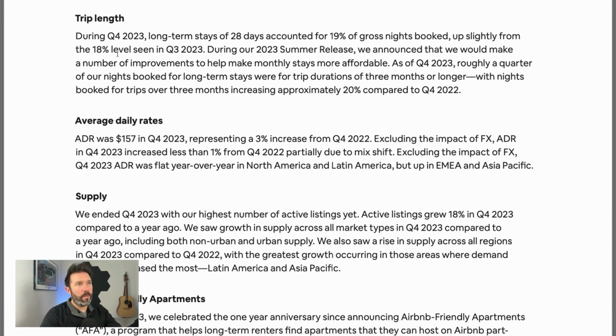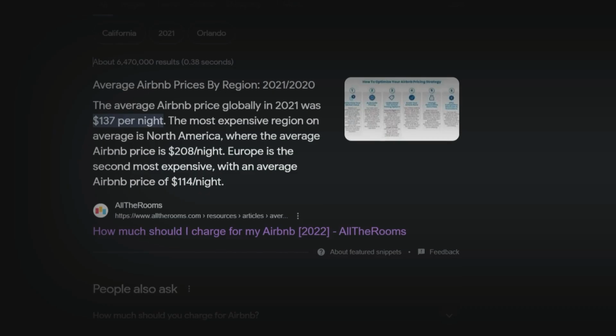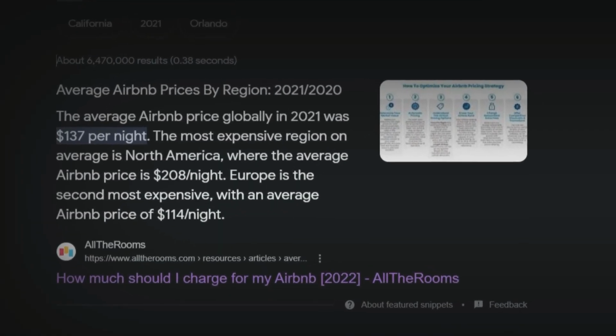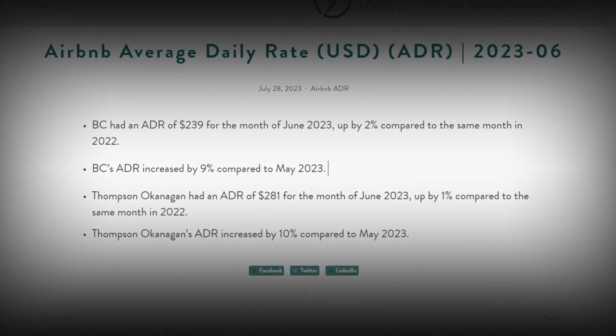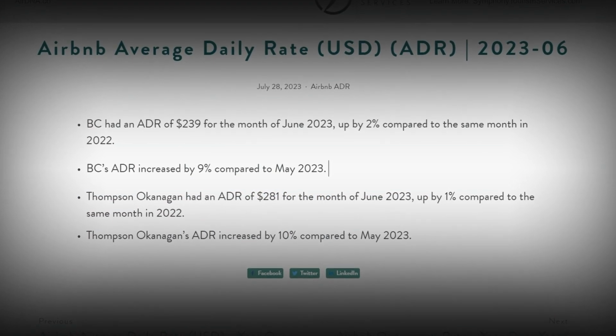So trip length, generally longer trips are getting to be more common. 19% of gross nights booked were over 28 days. Average day rates, this is a little bit confusing too. What Airbnb would like to see is average day rates come down. They want their service to be more affordable, so more people are going to stay. You expand the market if you have lower day rates.